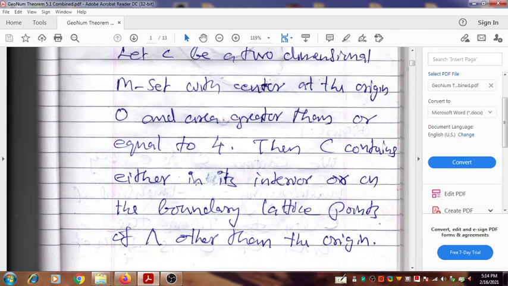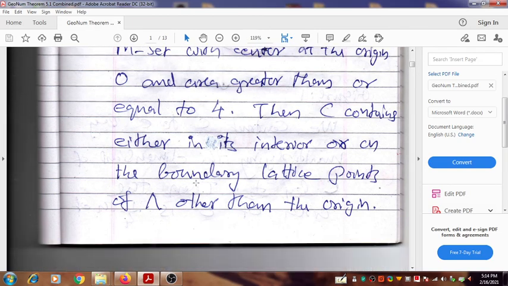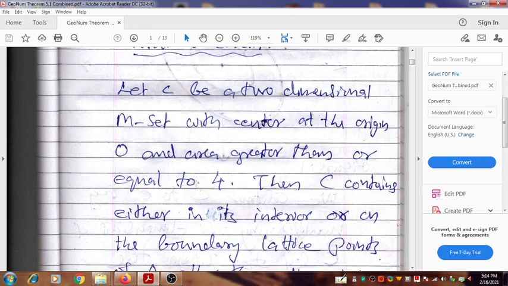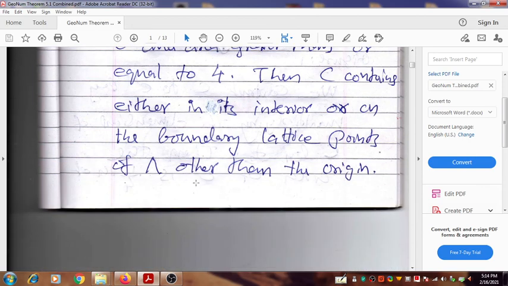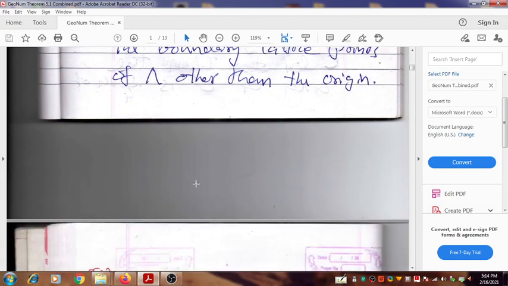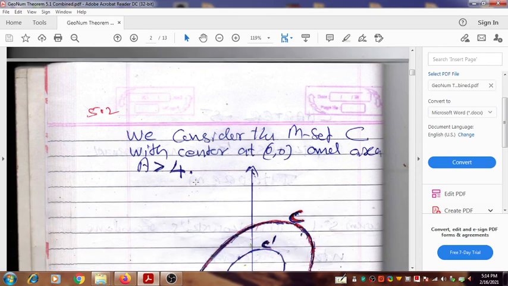So now we come to the proof of the theorem. We can divide the whole case into two. In case 1, we assume that the given M set has an area greater than 4.